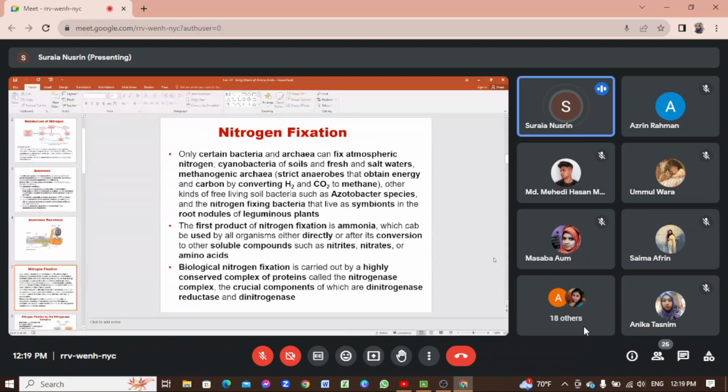This complex is made up of two components. One is called dinitrogenase reductase, and another one is simply the dinitrogenase. Is it clear?